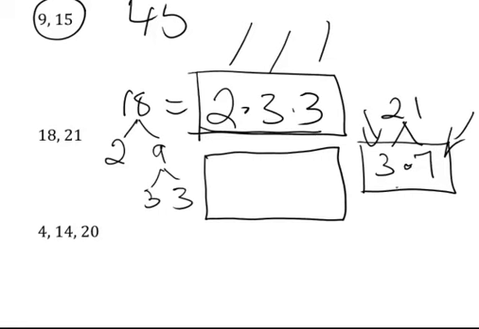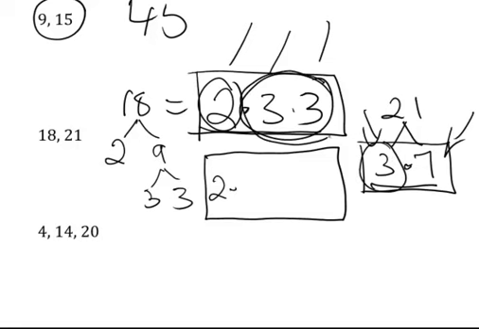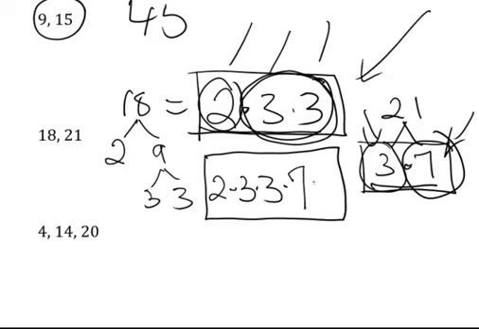Looking at this number here and this number here, I only have 1 two. So I'm going to write the number down 2 once. Here I have 2 threes. Here I only have 1 three. Because I have more 3's here, I need to write down both 3's. In my number 21, I have a 7. I don't have any 7's here, but because I have that 1 seven, I need to write that out.